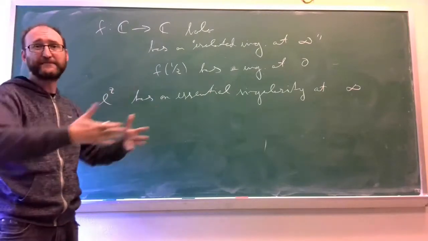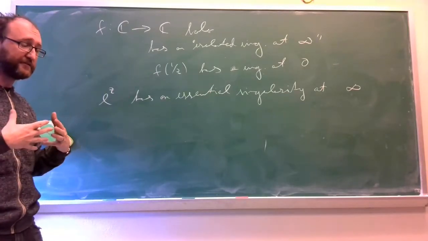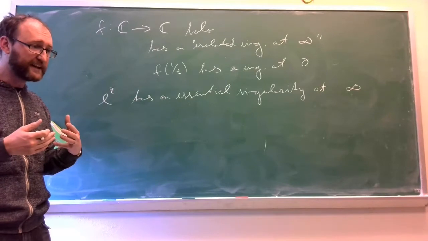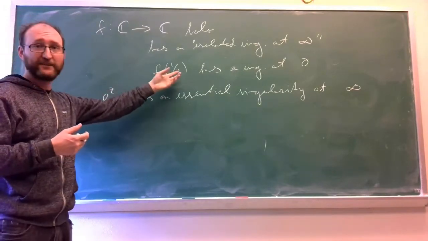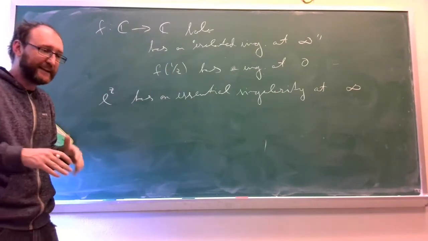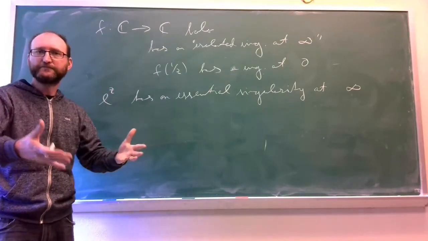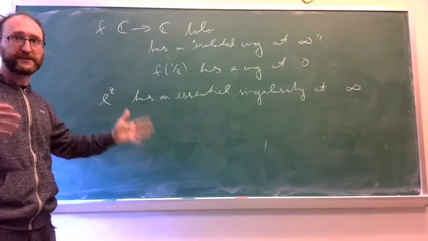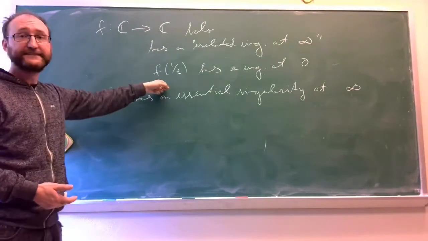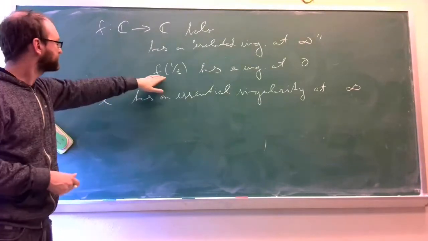Well, same thing as before. If I look at 1 over z, I'm basically just taking the power series expansion around 0. We have an entire function, so we can expand anywhere. I stick in 1 over z, right?